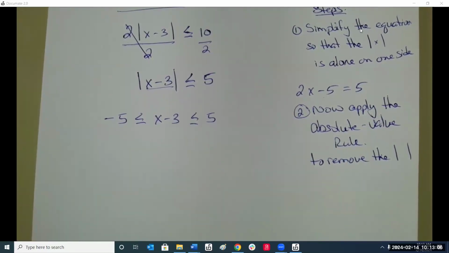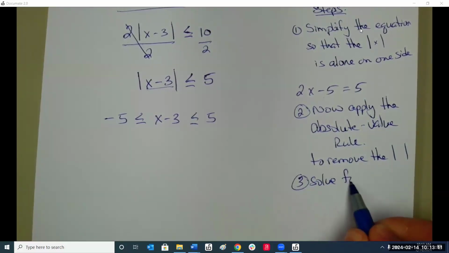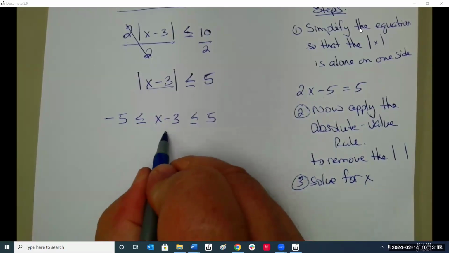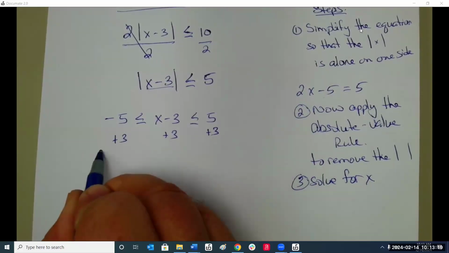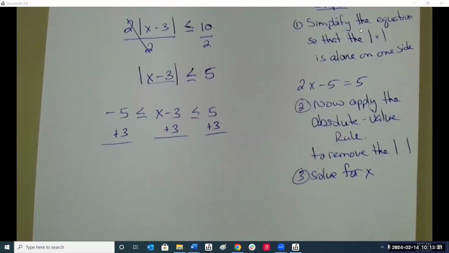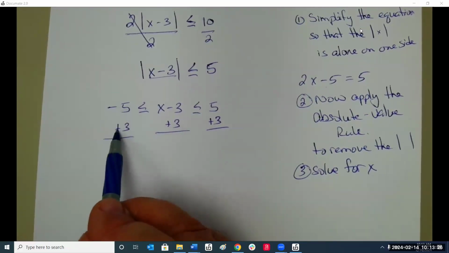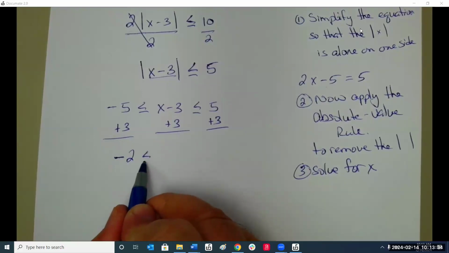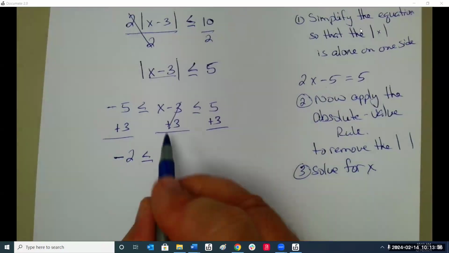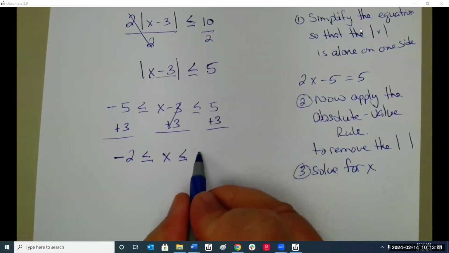Now we do what? Right. Now we solve for x. So we add 3 to everybody, to all 3 sides. Negative 5 plus 3, opposite signs. 5 is bigger, so the answer is negative. 5 minus 3 is 2. The 3s cancel, we have x. 5 plus 3 is 8.